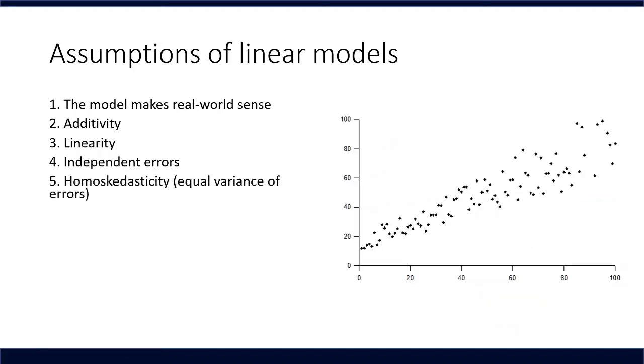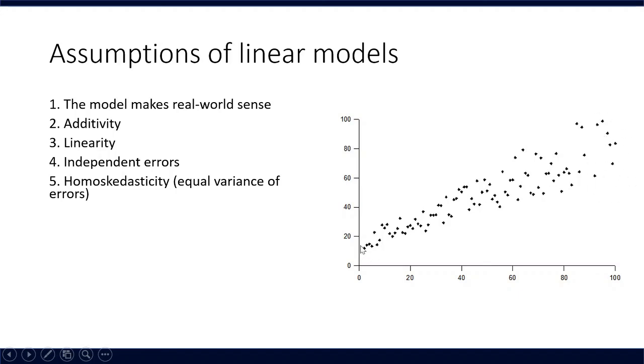Additionally, we also want those residuals to be distributed evenly across all of the values of the x-axis, across the entire length of our model fit. If, for example, you've got a pattern like this, these residuals are increasing in variance. The variability in these residuals is increasing as you move from a value of 0 on the x-axis up to a value of 100. There's a lot more variation in the residuals up here.